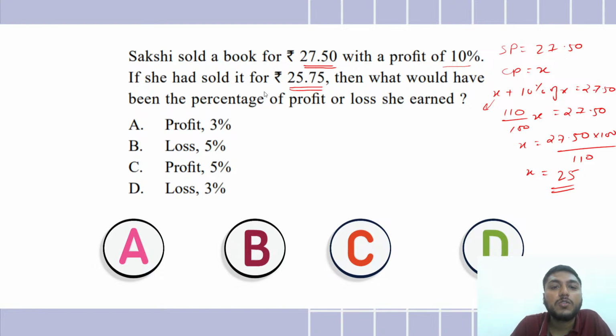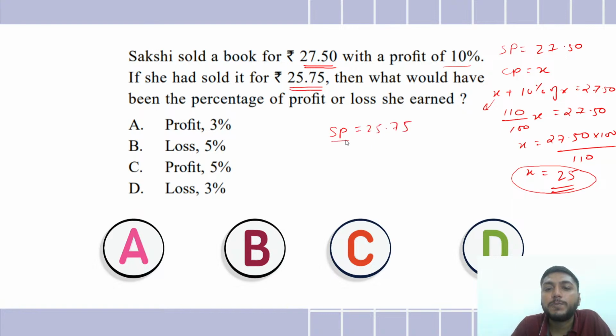So now what if she had sold it for 25.75 rupees? So now this is the new SP. We have got this cost price, and now what Sakshi is saying is, if she had sold it at 25.75 rupees, what would have been the percentage of profit or loss? So now this x equal to 25 is our cost price, and this 25.75 is our selling price.